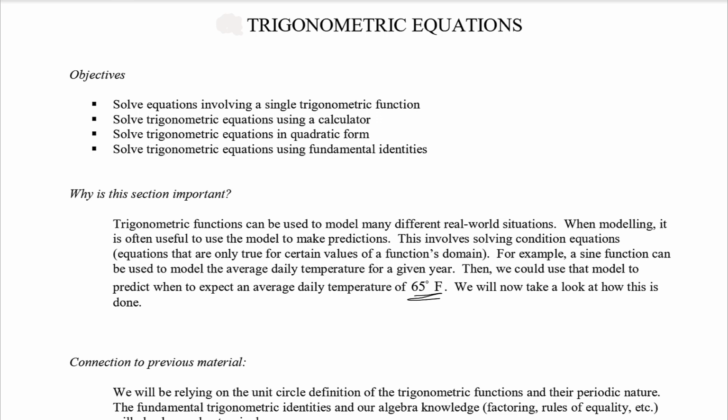Well, then I would plug 65 degrees Fahrenheit into the output of that function, leaving an equation where I need to solve for the input, which is that variable would be part of the argument of the trig function. So I would need to know how to solve an equation where the variable is in the argument of a trig function. That's what we're going to take a look at, how to solve such equations.